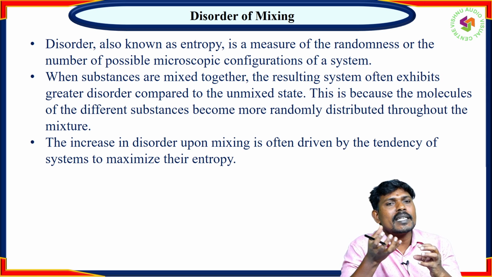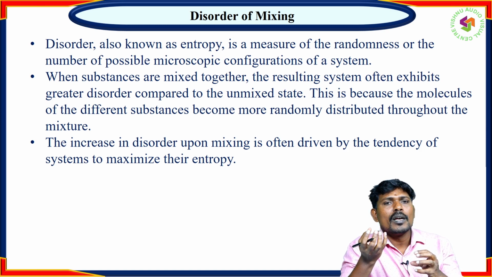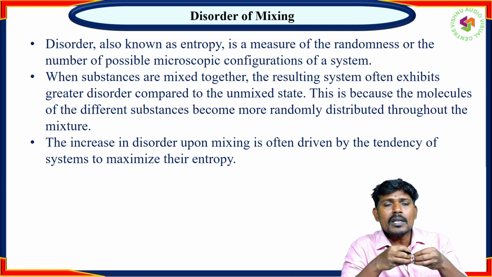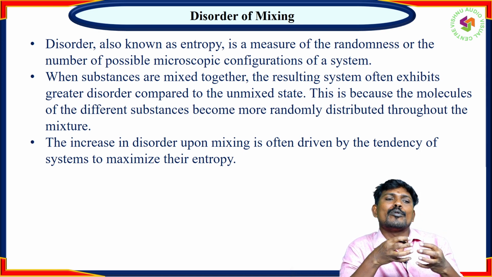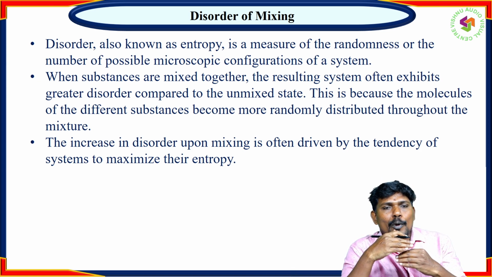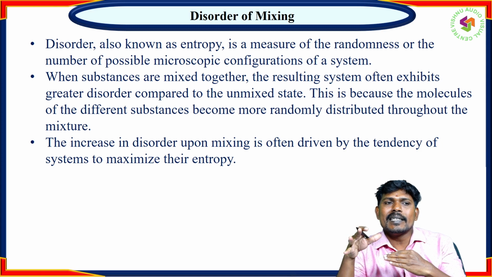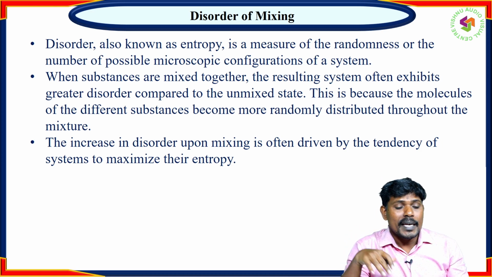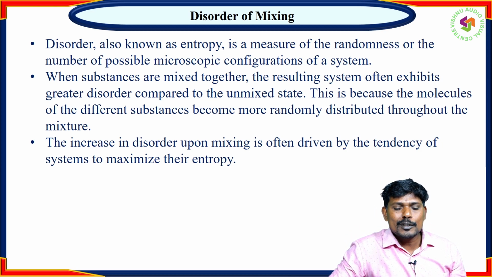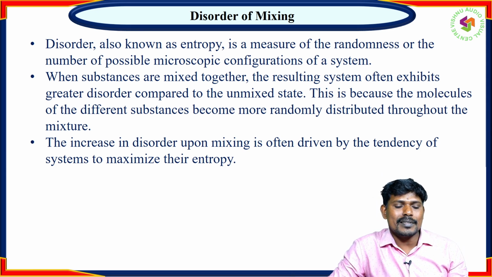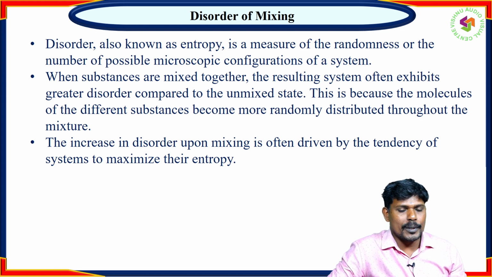So when two compounds are mixed, the probability increases. That is the reason entropy increases. The increase in disorder upon mixing is often driven by the tendency of the system to maximize its entropy.